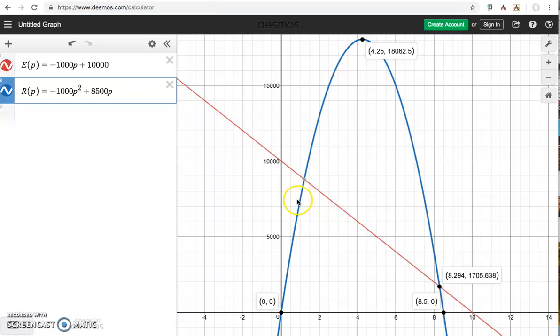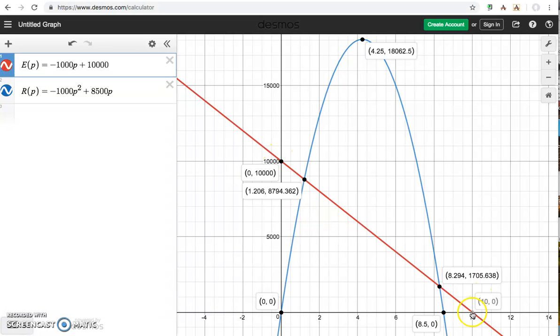And then these points in between, you could find your x-intercepts and your y-intercept for your line, your expense line. So Desmos is nice in that if you just click, it knows what you're trying to find and will tell you that good approximation. Okay, watch the second video and I'll go through the notes for 3.8 in the green packet.